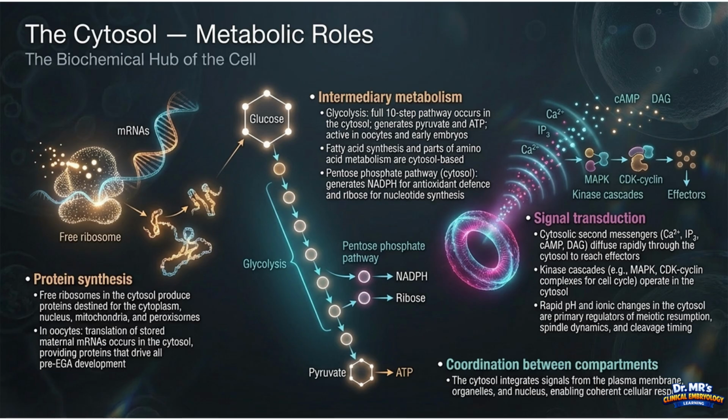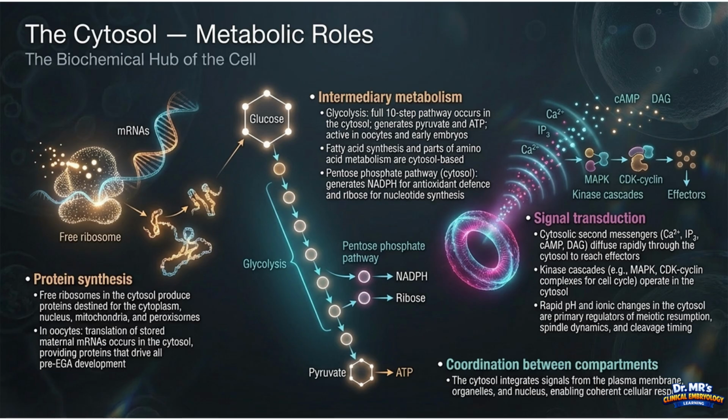The second major role is intermediary metabolism. Glycolysis, the complete 10-step enzymatic conversion of glucose to pyruvate, takes place entirely in the cytosol. This pathway generates adenosine triphosphate and the pyruvate that feeds into mitochondrial oxidative phosphorylation. In oocytes and early embryos, glycolysis and the processing of pyruvate and lactate from surrounding cumulus cells are the primary energy strategies.